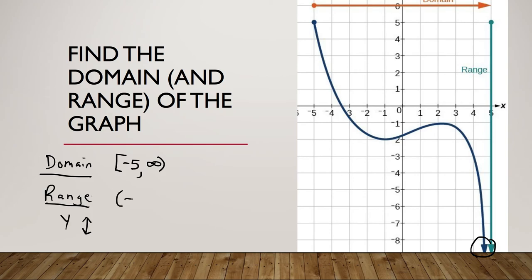It goes all the way to -infinity. Now find your highest point on the graph. Your highest point on the graph has a y value of 5. And since 5 is included, we're going to place a bracket by the 5. So again, domain is going to run left to right. Range is going to run up and down.